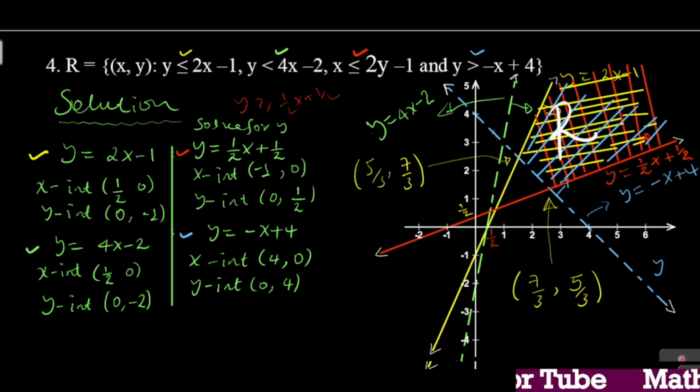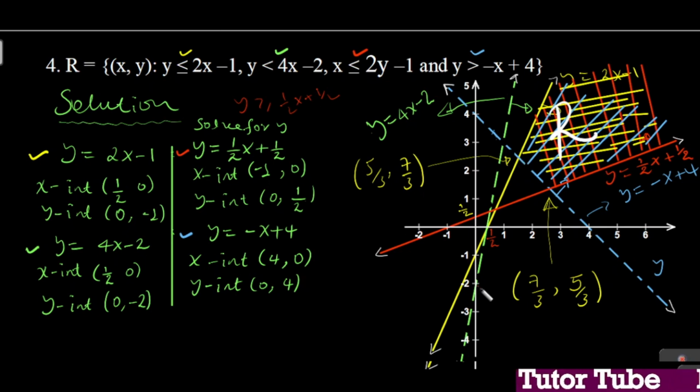So this shaded region satisfies our relation. Now we can find the domain and the range of the relation from this graph. To find the domain, we look at where this shaded region uses the x-axis. This region uses the positive x-axis starting from this point.